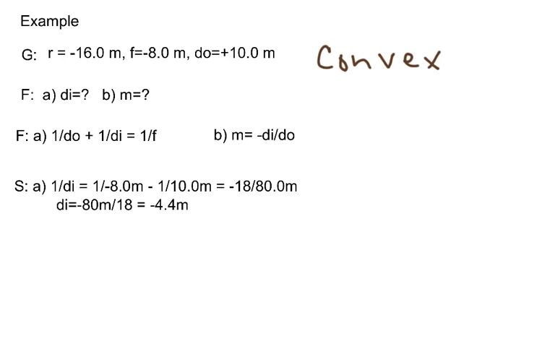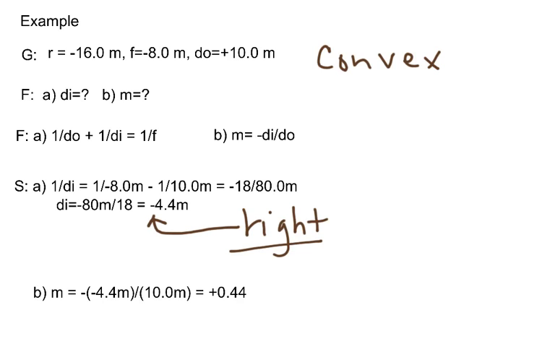So using the mirror equation, we have a distance of the image that is negative 4.4 meters. That negative meaning that the image is behind the mirror, or to the right side of the mirror. So for part B, when we're solving for magnification, we get a value of plus 0.44.